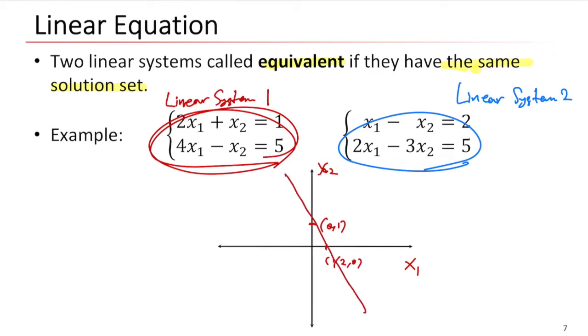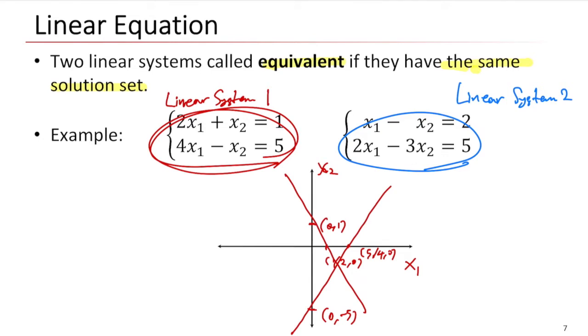The second line is: x1 is equal to 0, x2 is equal to -5 here, and when x2 is equal to 0, x1 should be 5 over 4. So 5 over 4, 0. These two lines represent this linear system.